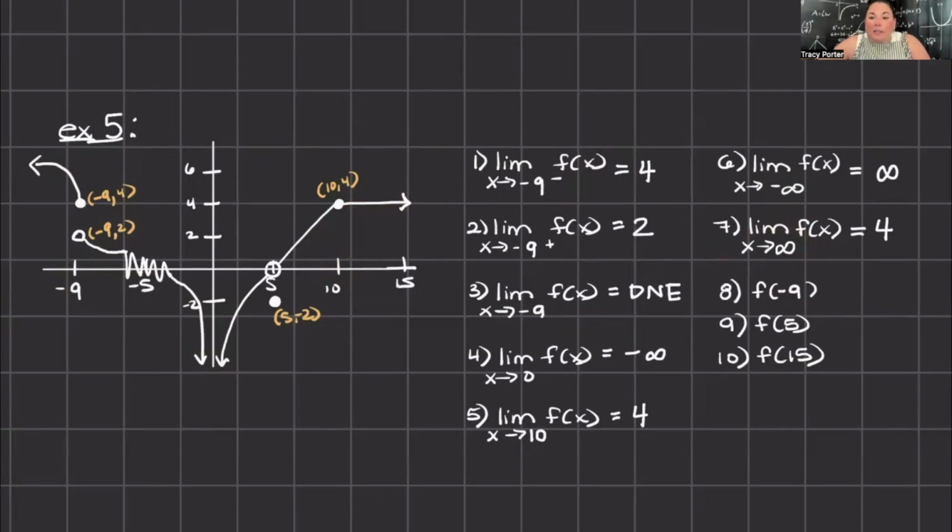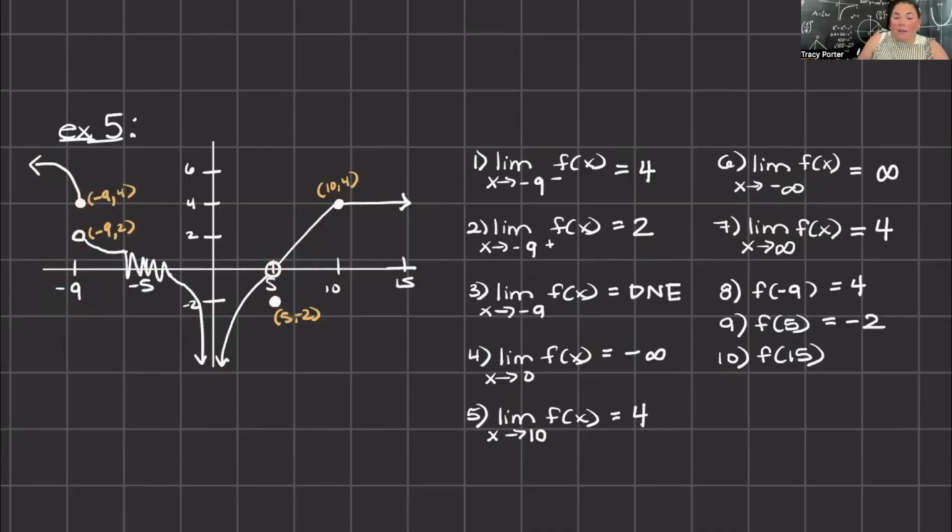Now, f of negative 9. Well, f of negative 9, that's defined here, not here. So this one would be equal to 4. F of 5, you can see here's an open circle. It's undefined, but it's defined down here. So we would say equals negative 2.